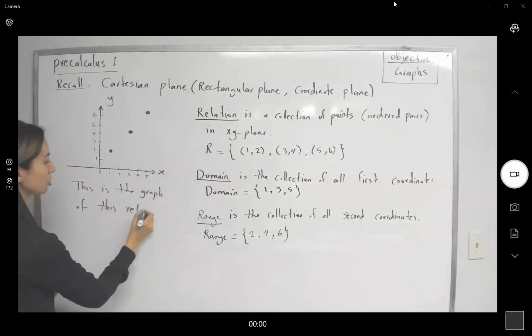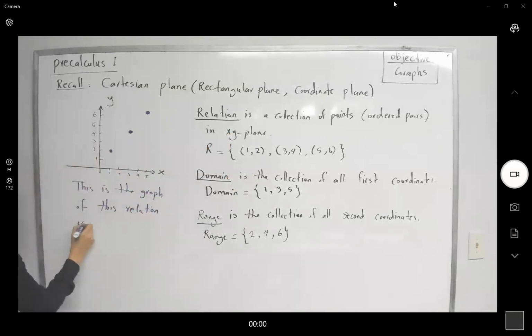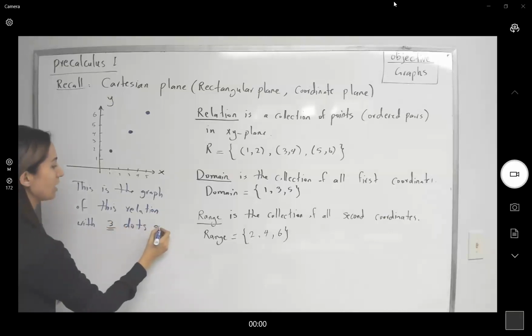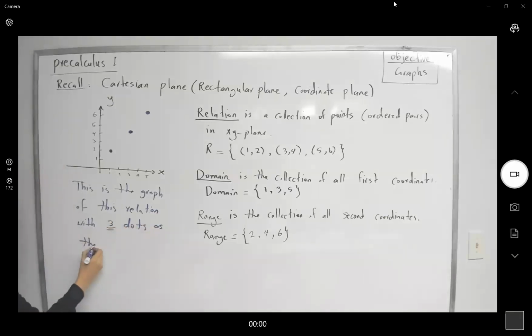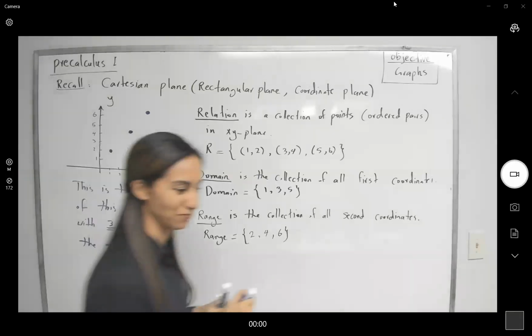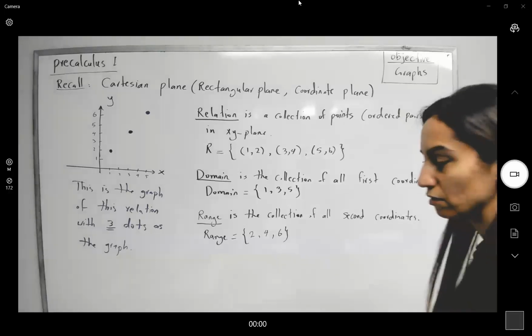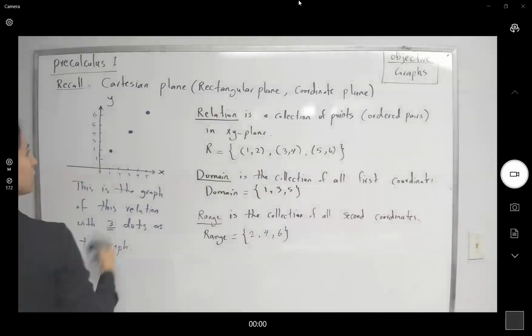The graph is just some dots, 3 dots. Very well, so this is a relation.